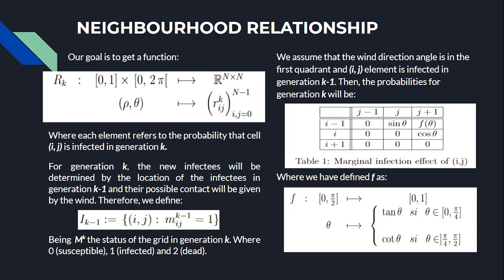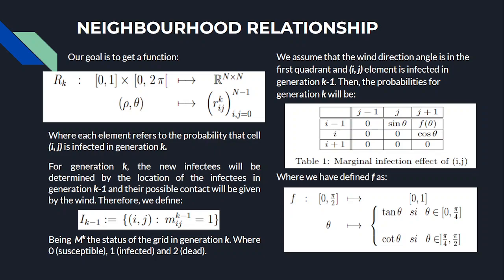About our neighborhood relation, it's clear that our aim is to obtain a function like the one we can see here. That is, given the intensity and direction of the wind, we want to obtain a square matrix of size n, where each of the entries refers to the probability of cell ij of being infected in the next generation.